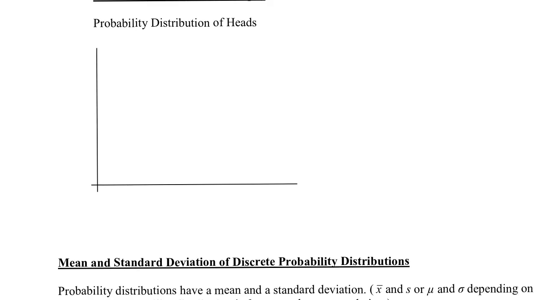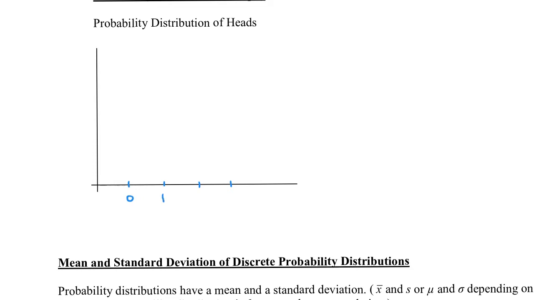So what we'll do with this is we will put the probabilities along here on the vertical axis and the possible outcomes here. Our possible outcomes are just the number of heads, so it's going to be 0 through 3. So we'll put those along here, 0, 1, 2, 3.